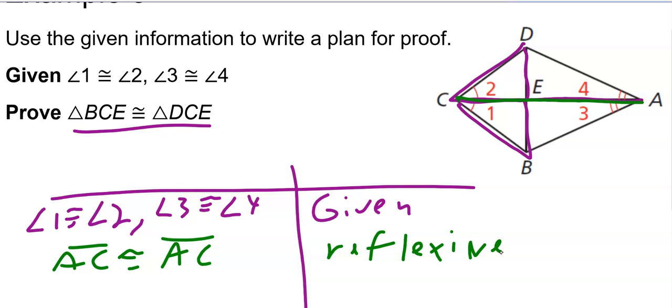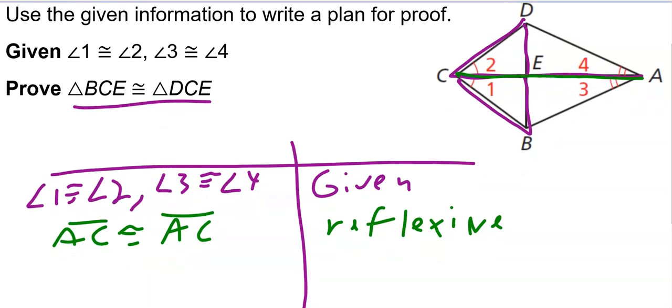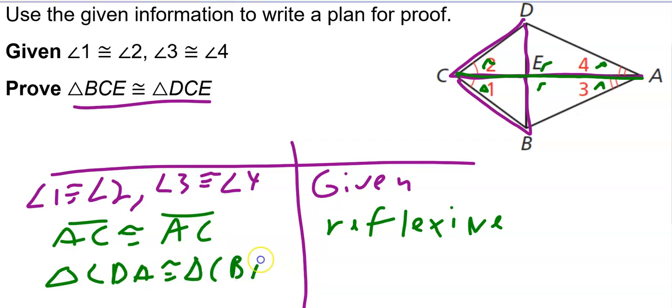Now, what that means is if you look at this, we have angle, side, angle, and angle, side, angle here. So we can say that triangle CDA is congruent to triangle, follow with me, CBA by angle, side, angle.